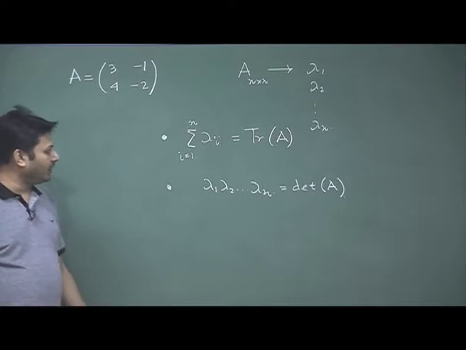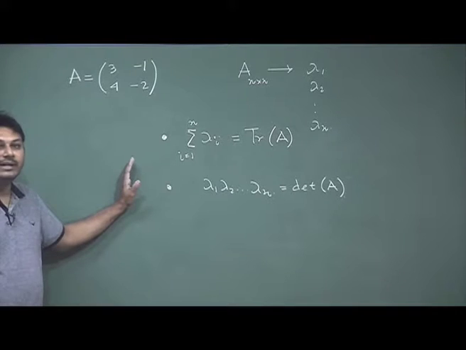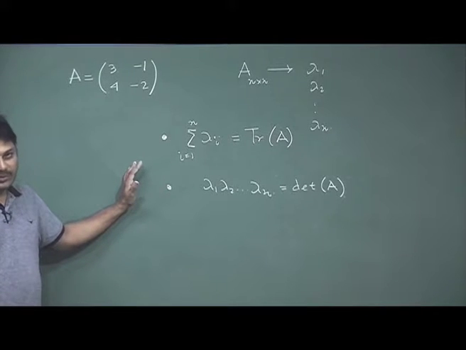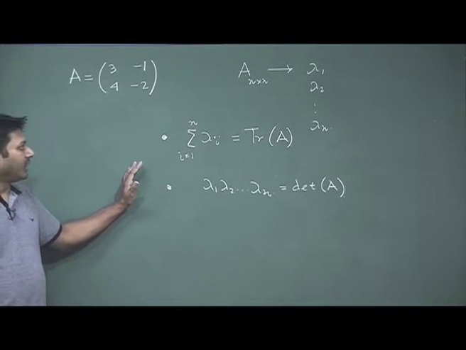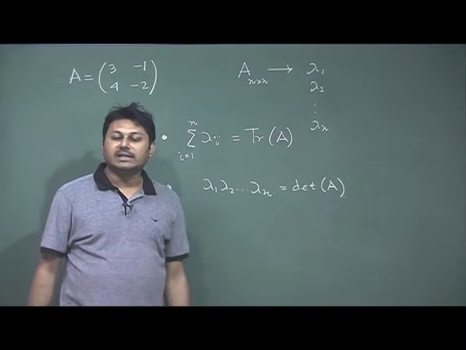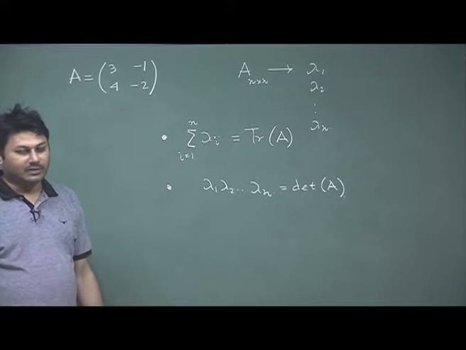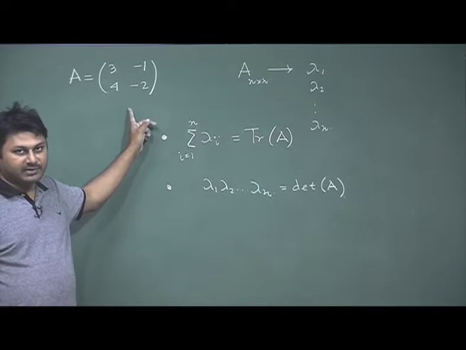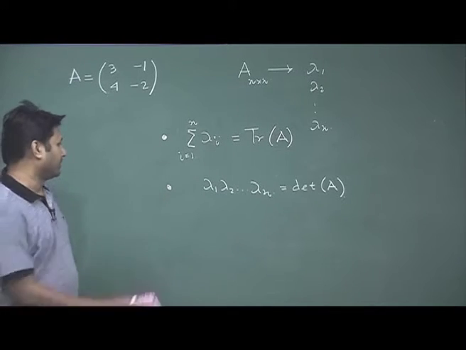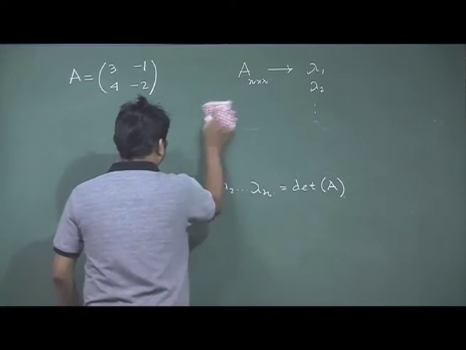So, with these two vital pieces of information, you can always cross-check whether the lambda 1, lambda 2, lambda 3 you are getting are correct or not. I am going to do that for this matrix, and you can do that for other matrices also. You should remember that.